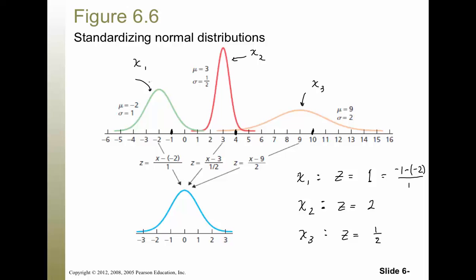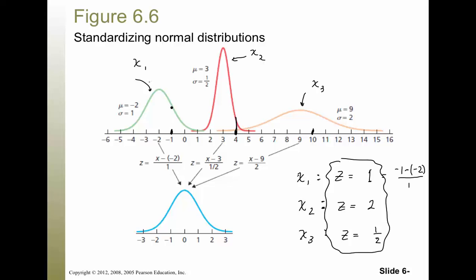Right, so this value of 4 is, if these were like test scores, the student who got 4 on test 2 did the best, right? Because we can compare. Now we're apples to apples here. We can compare z-scores.